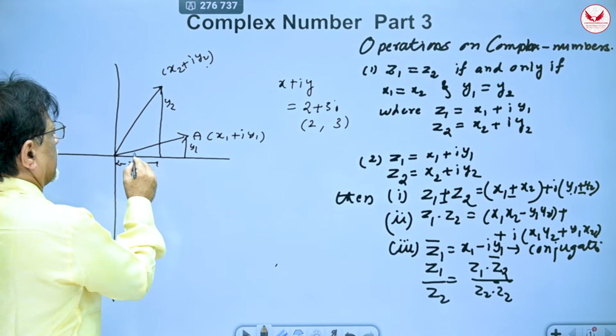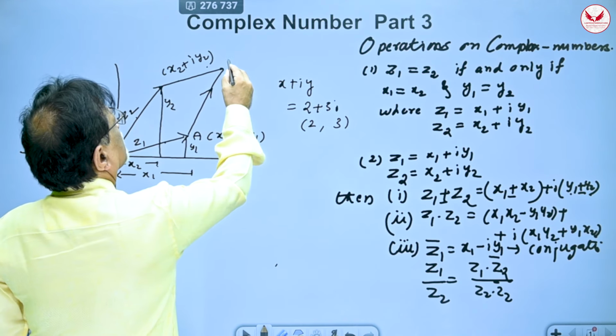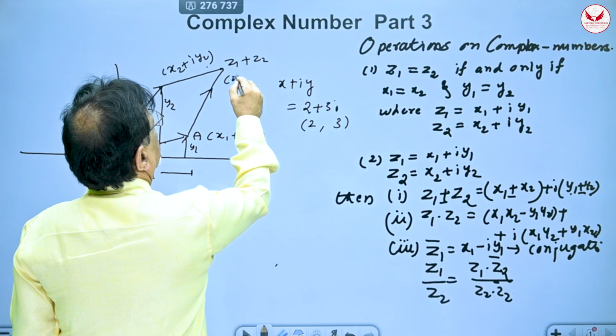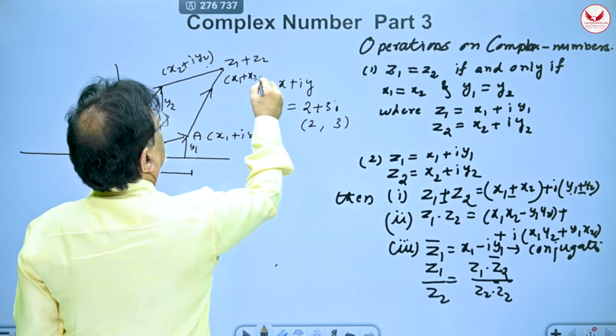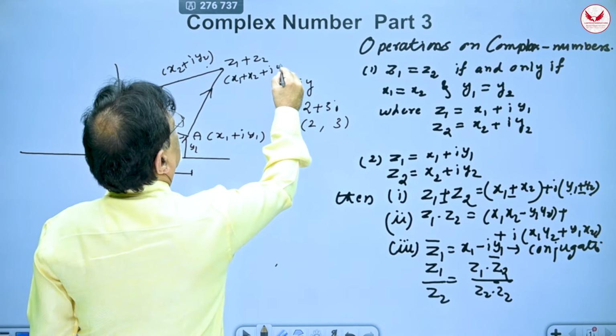So this line is parallel to this line. Now here you will get the addition of complex numbers. So this will be z1 plus z2, and it can be obtained by writing x1 plus x2 plus i times y1 plus y2, correct? So the diagonal of this parallelogram will represent z1 plus z2.